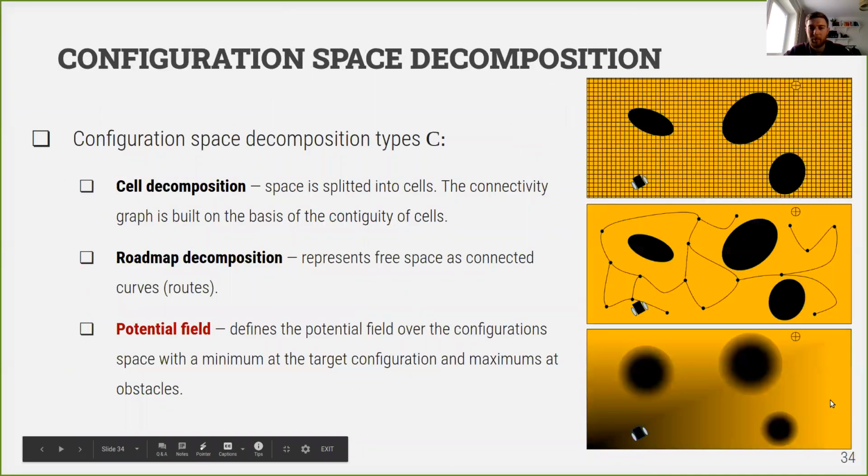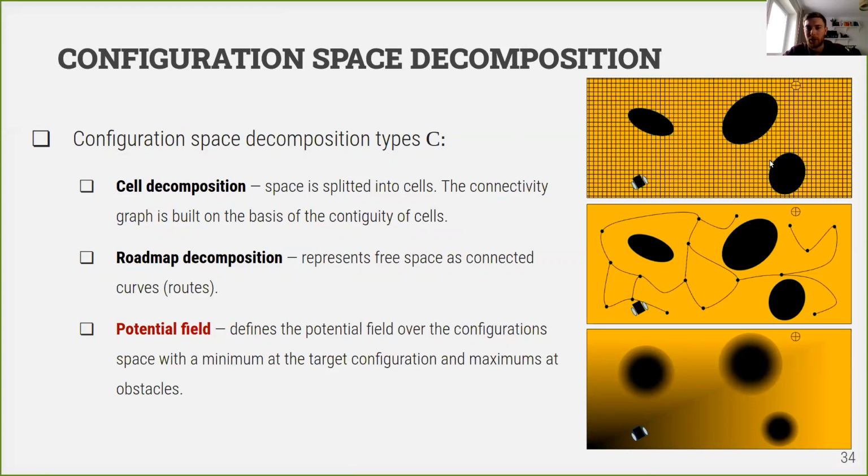This is already close to reinforcement learning. For example, the path planning problem can be considered as a reinforcement learning problem, where obstacles give us a negative reward, and free space and reaching the goal give us a positive reward, and then we can use dynamic programming to find the path from any given point of space to our goal point.